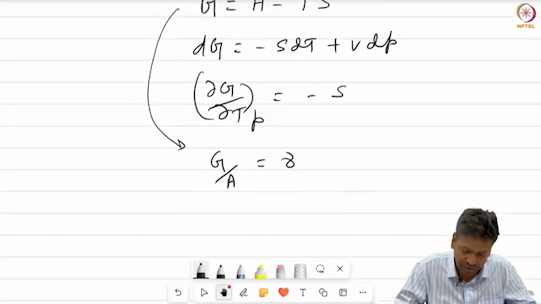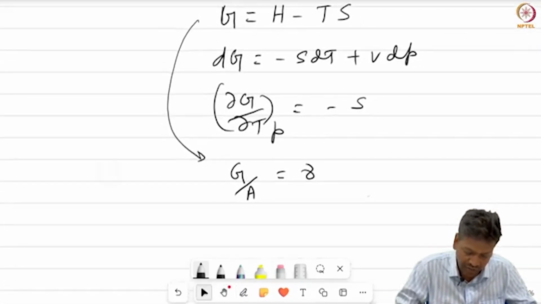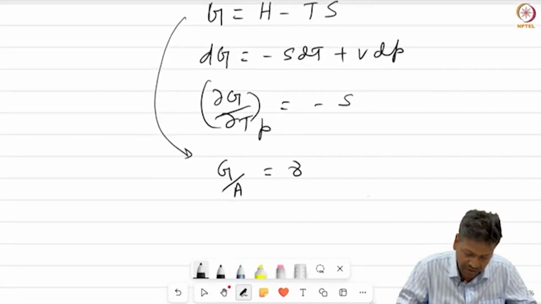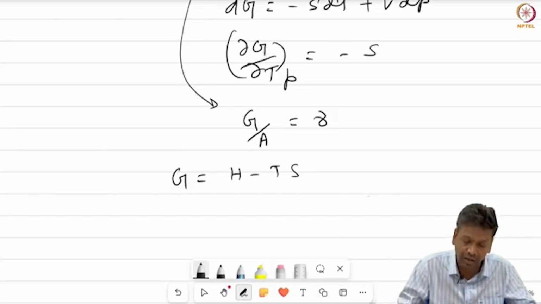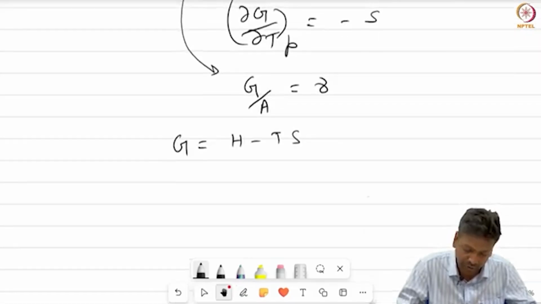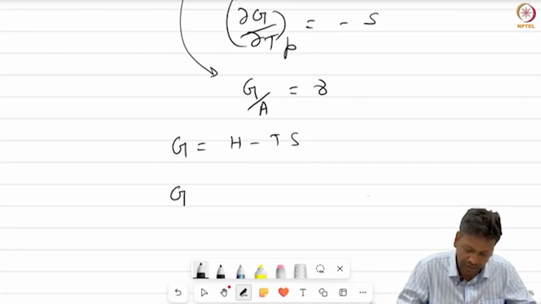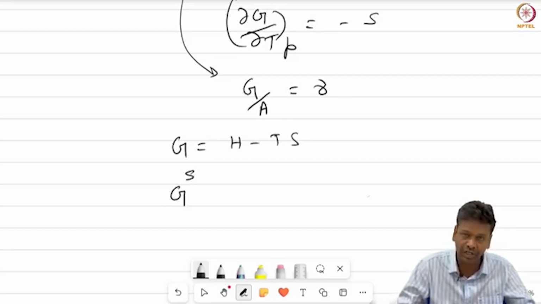So what we can do is revisit the equation that we mentioned here, that is G, which is nothing but H minus TS. I can slightly modify this equation so that I can bring this gamma into this equation. So I will simply write G superscript S, which represents excess Gibbs free energy measured per unit area.